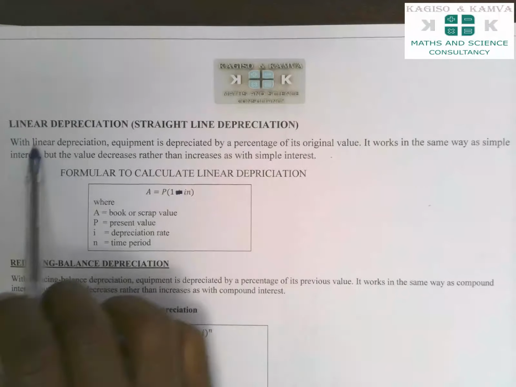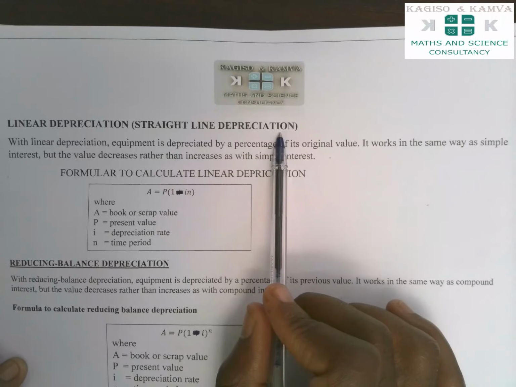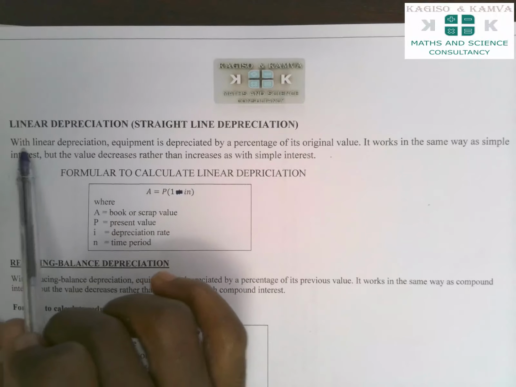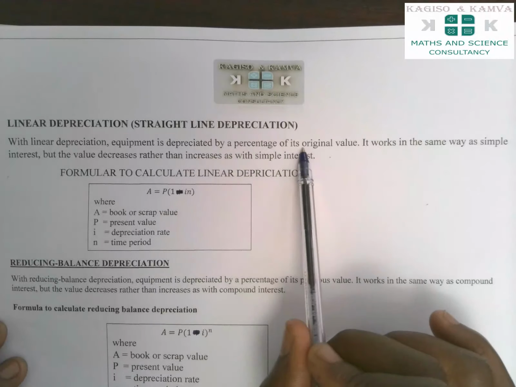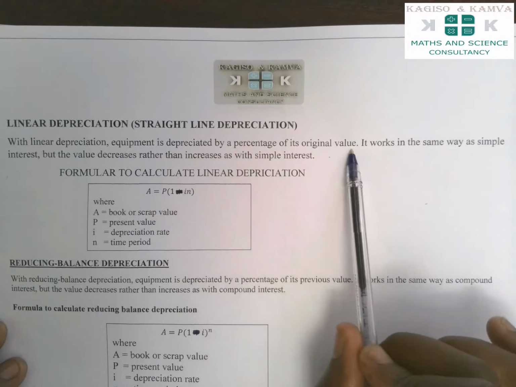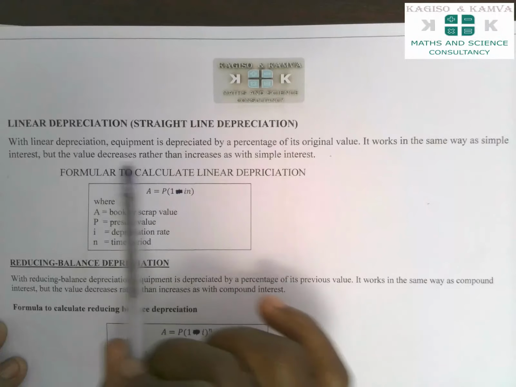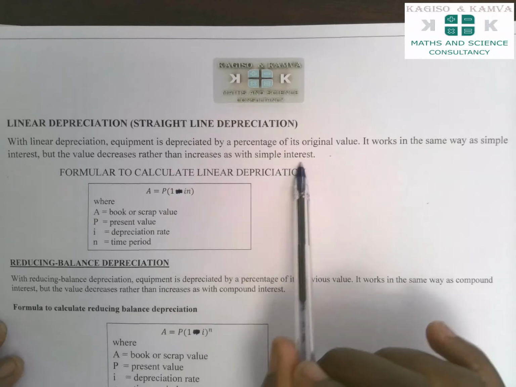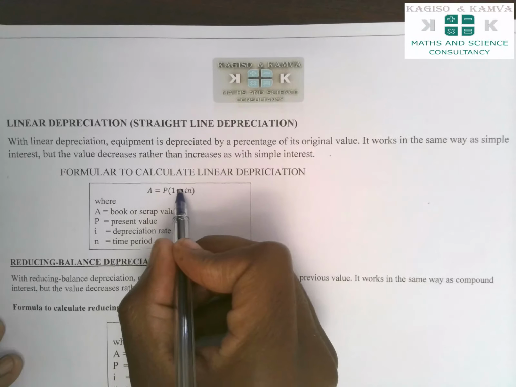Linear depreciation is also called straight line depreciation. With linear depreciation, equipment is depreciated by a percentage of its original value. It works in the same way as simple interest, but the value decreases rather than increases. So here we're going to have a negative.